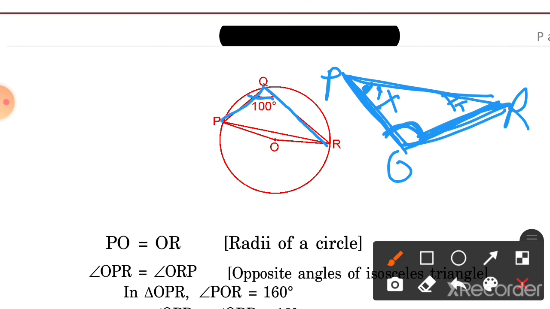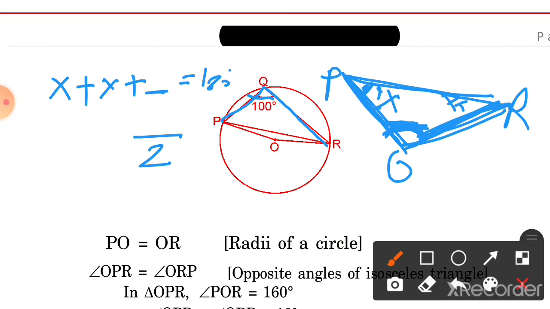So if we get the value of this angle, then we do it by using the angle sum property of a triangle: x plus x plus the value of this angle is equal to 180 degrees, and subtract the value of this angle from 180 degrees and divide by 2. So we will get the value of x.